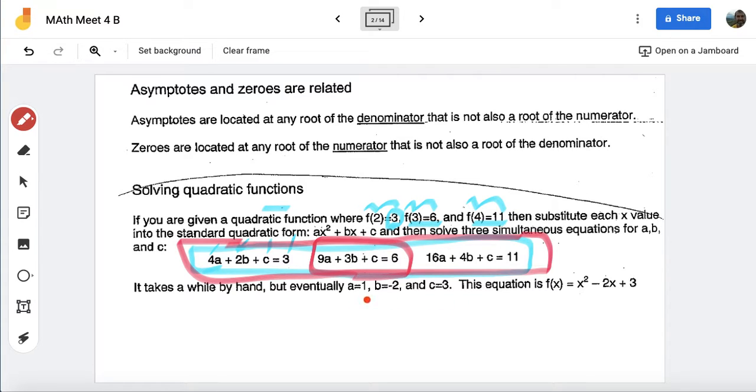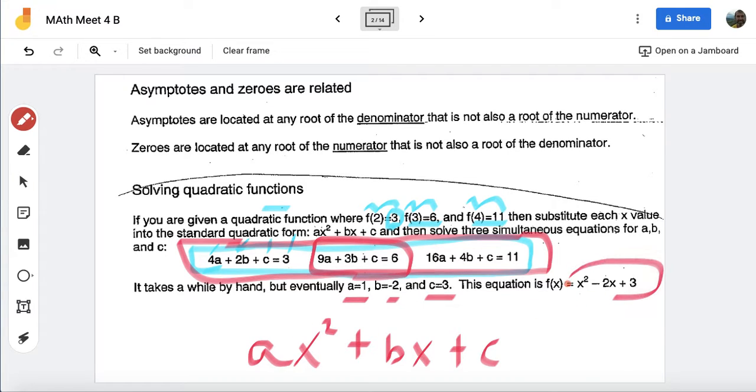Eventually you should get a is 1, b is negative 2, and c is 3. And if you remember the original format, ax squared plus bx plus c, you can plug in those numbers 1, negative 2, and 3 and get 1x squared minus 2x plus 3.